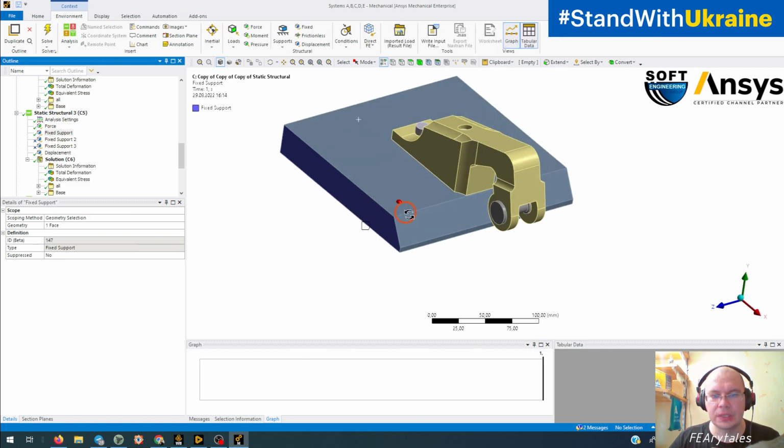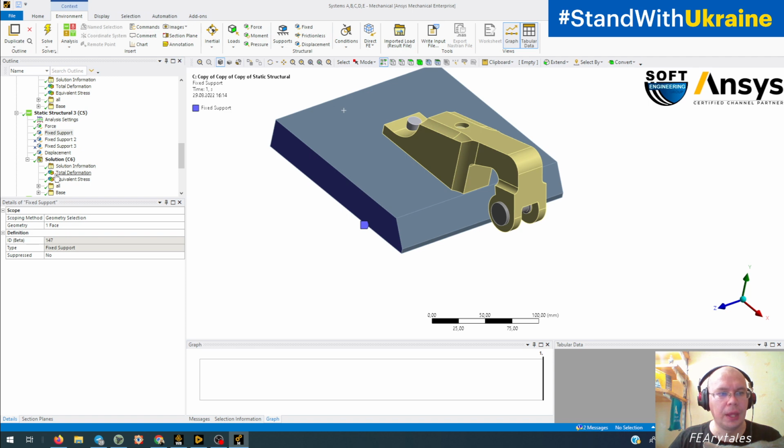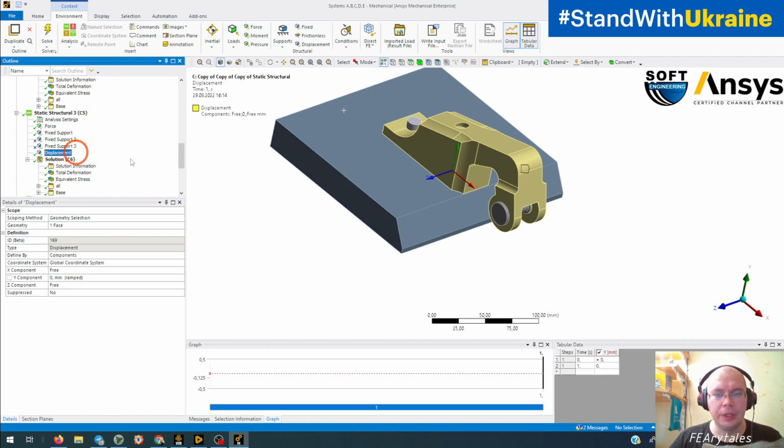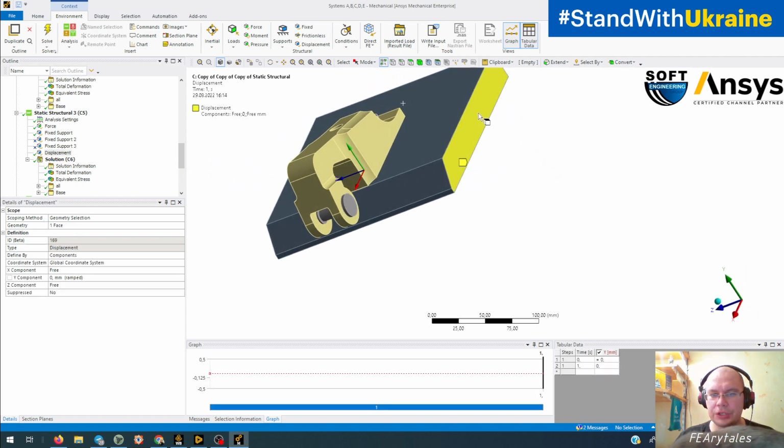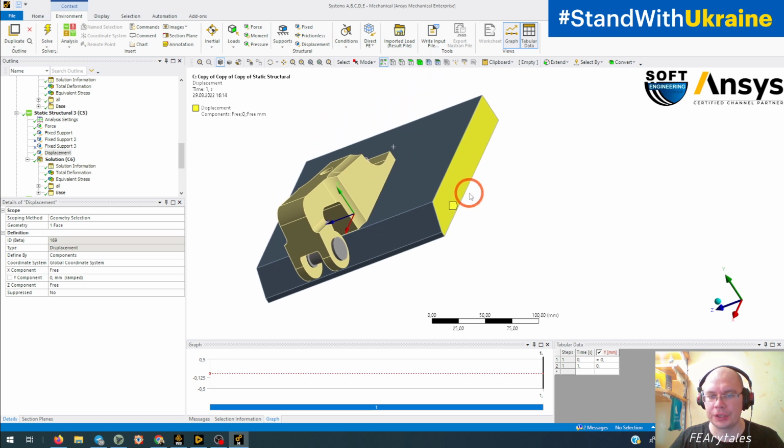Okay, we have fixed support here, and we change fixation on those sides. We change full fixation for all degrees of freedom to fixation of displacement with only one degree of freedom. It's the y degree.